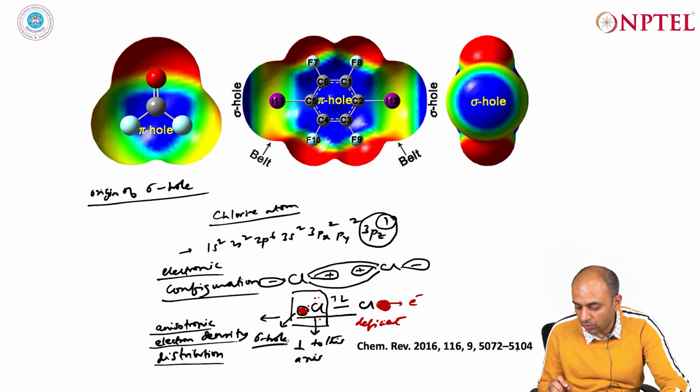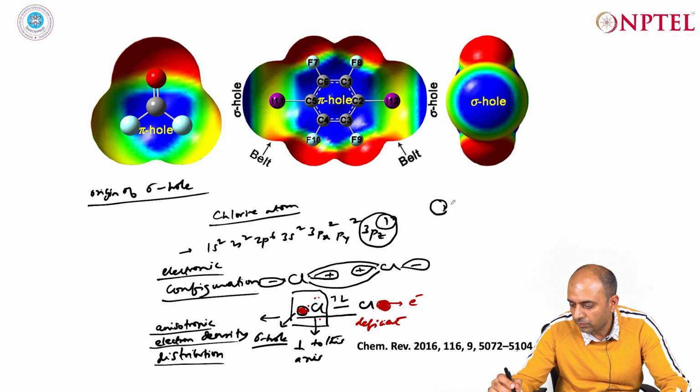So, the origin of the sigma hole is the anisotropic electron density distribution on account of the covalent bond formation, wherein the 3pz1 electrons are now redistributed such that the sigma hole is formed along the bond axis or the internuclear axis, and the lone pair density corresponding to the 3px2, 3py2 and 3pz2 are present perpendicular to the bond axis. So, because of this reason, we now have an atom which is deformed.